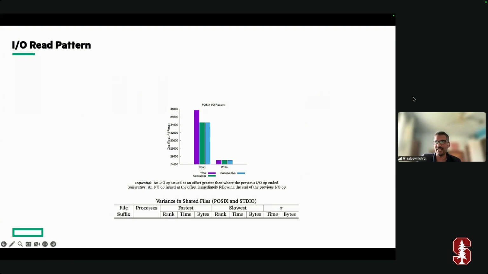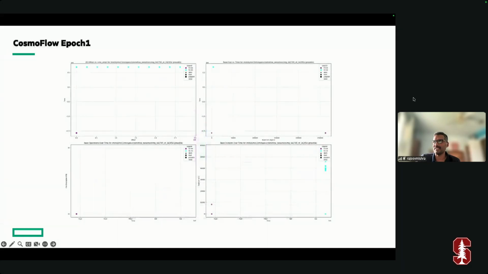And when I did the BPF profiling, this is the workload. Again for CosmoFlow, I took epoch 1, and you can see it has two file descriptors. One did just one read, and the other one was sequential.